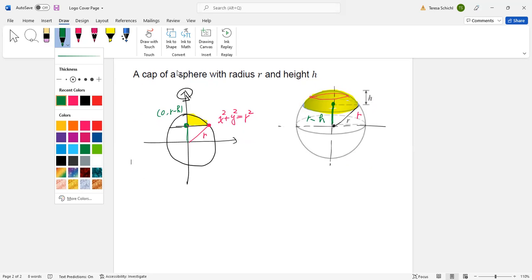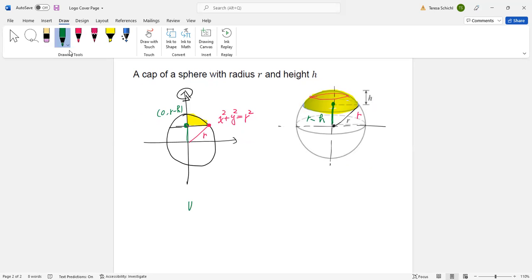So the volume will be the integral of pi r squared. What is the r?